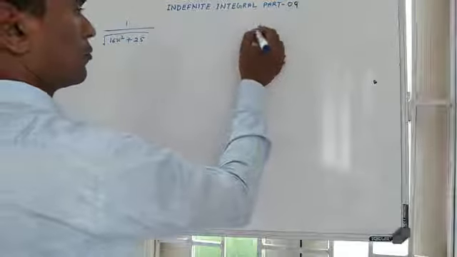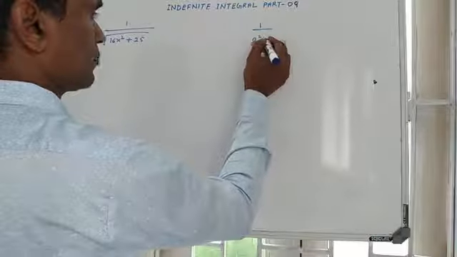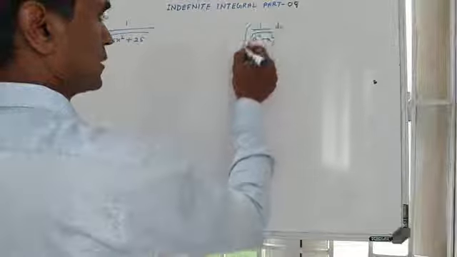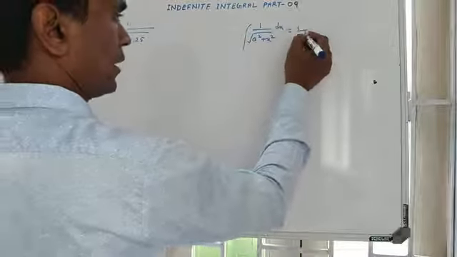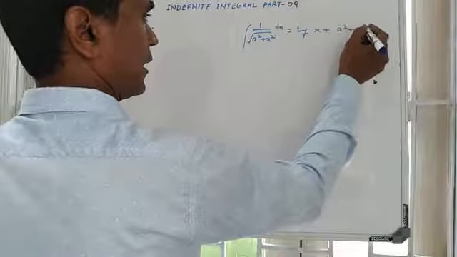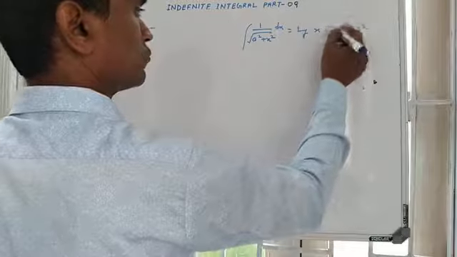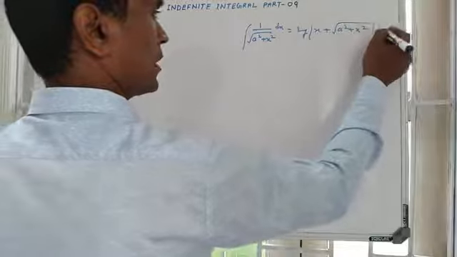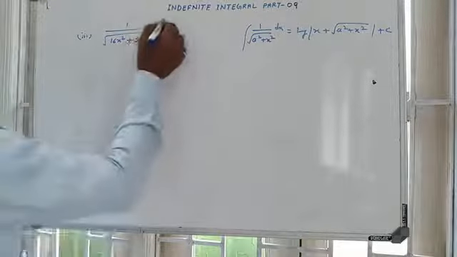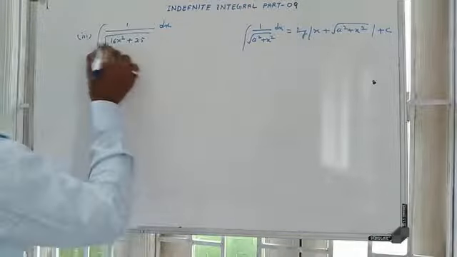So the integral of 1 by root of a square plus x square dx is log of x plus root of a square plus x square, plus c. So here we apply this formula. Just you have to change it into this form.